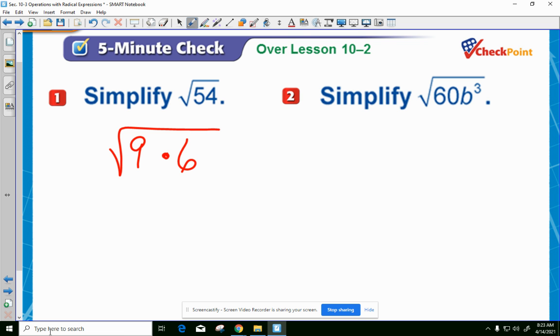Okay, so which one of those two numbers is a perfect square? The square root of 9, Faith, is 3. So, my final answer should be 3 square root of 6.